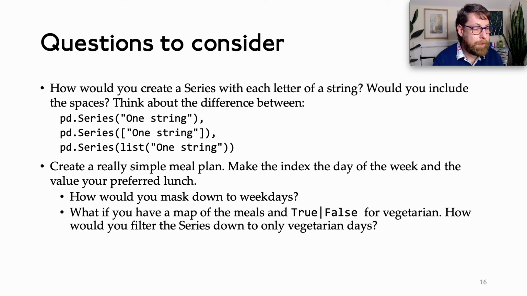And if you have a map of the meals, and then true or false for vegetarian, maybe you have salad, and then sandwich, and then pizza, and you know which of these are vegetarian. Maybe all of them, maybe none for you. But then you would say pizza, true, because, well, I always have veggie pizza or whatever. Then you can see not just how to filter down by the index only to the weekdays, but to the values only by vegetarian or not.